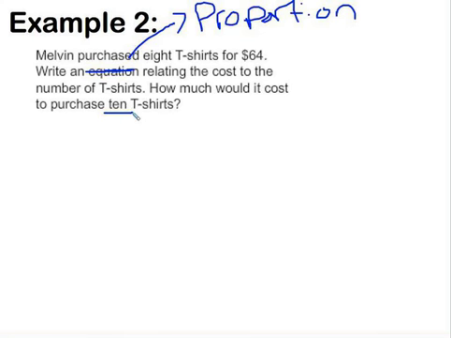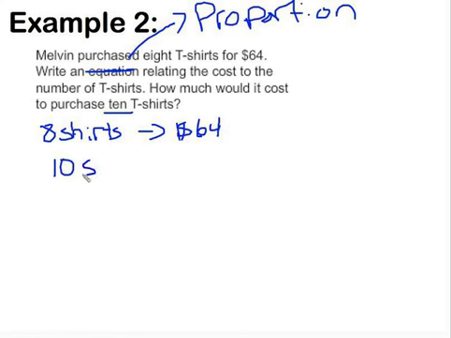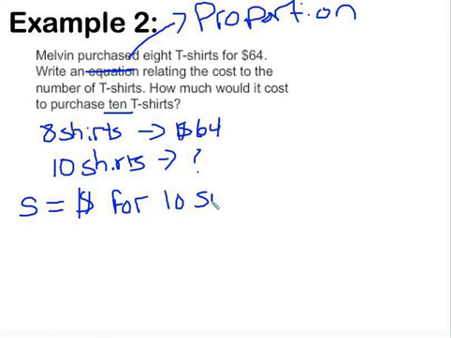All right, I know that 8 shirts costs $64, but I don't know how much 10 shirts cost. So I'm going to say that my variable, let's call it S, equals the amount of money for 10 shirts.